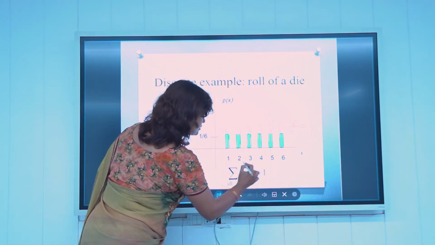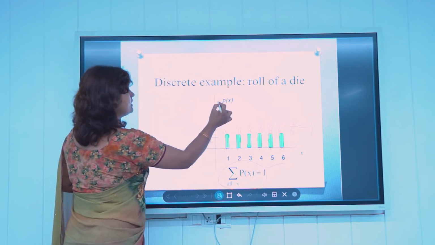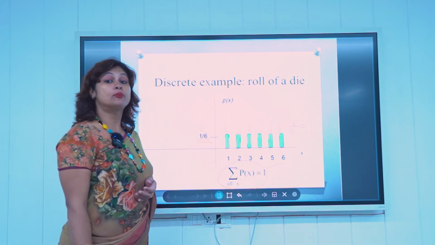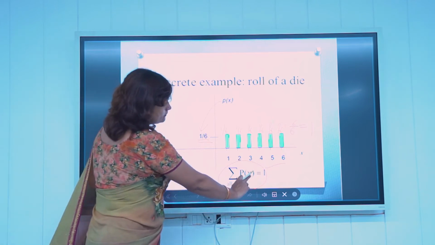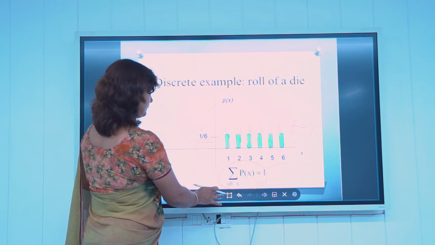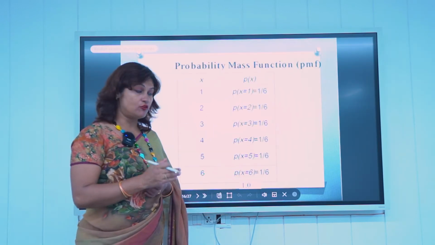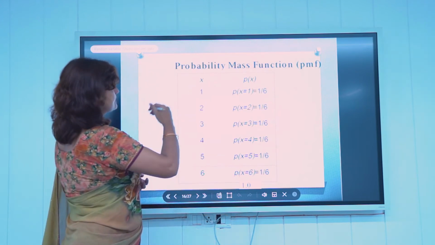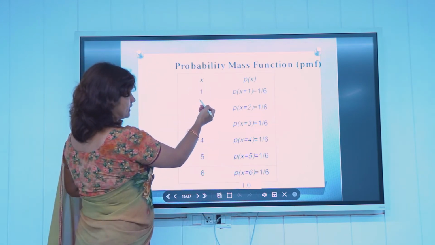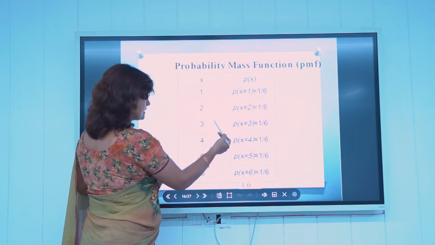That is why we mention here the sum of all the probabilities, because 1 by 6 here is none other than the probability. So the sum of all the probabilities is equal to 1. If we see that in tabular form, we come to this slide: for x equal to 1 it was 1 upon 6, for 2 it was again 1 upon 6.